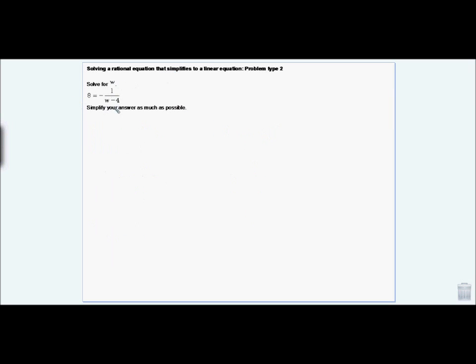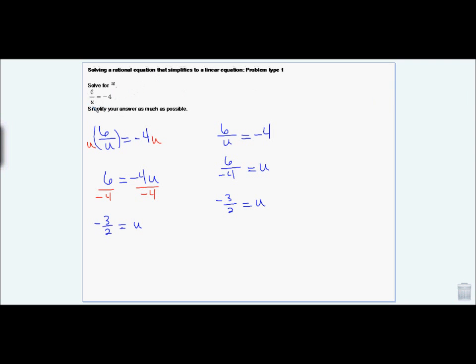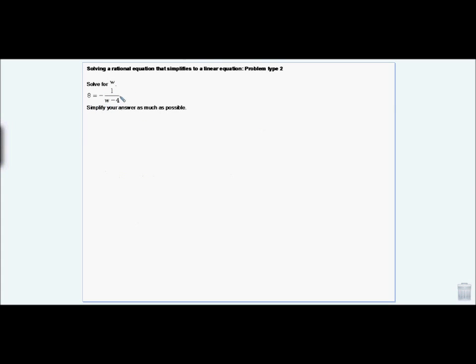Now, this type is a little bit more complicated. Here we had just a single variable in the denominator. Here we have a variable expression in the denominator. The process is pretty much exactly the same though. I'm dividing by w minus 4, so how would I clear w minus 4? Well, I'd multiply both sides by w minus 4, giving me 8 times w minus 4 is equal to negative 1.